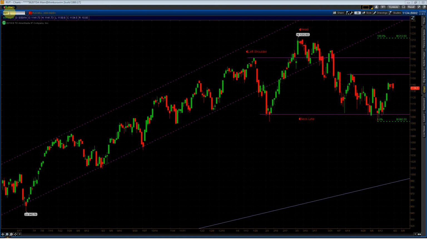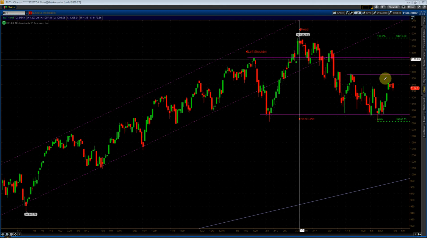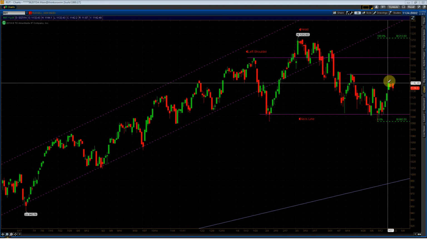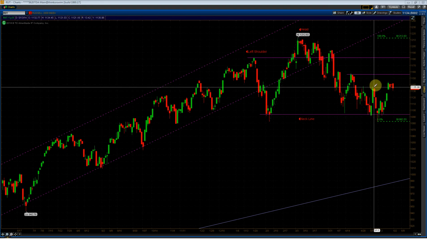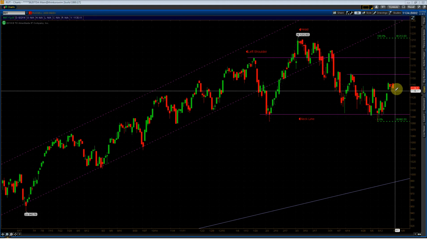My big concern with the RUT heading into this week, and this might sound very, very simplistic, but it's green or red on Monday. If it's red on Monday, I'm not going to look for any small cap long entries, nor am I going to look for any small cap short entries.